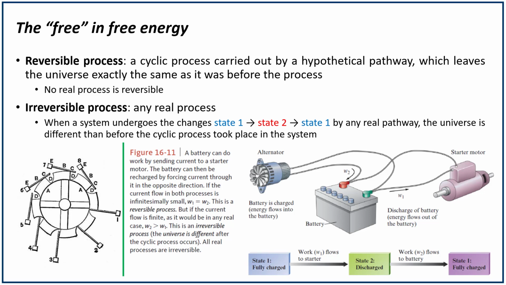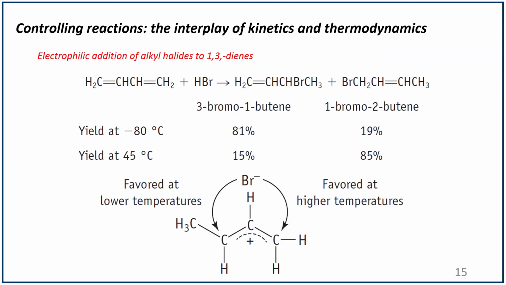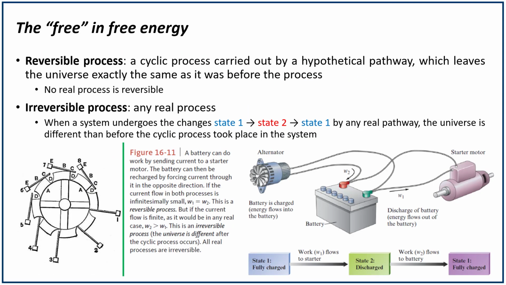So let's consider, for example, the battery in a car. In a car's battery, electric current flows through the starter motor of a car, and this current is generated from a chemical change in the battery, for which we can calculate delta G, and from there we can determine the available energy to do work.